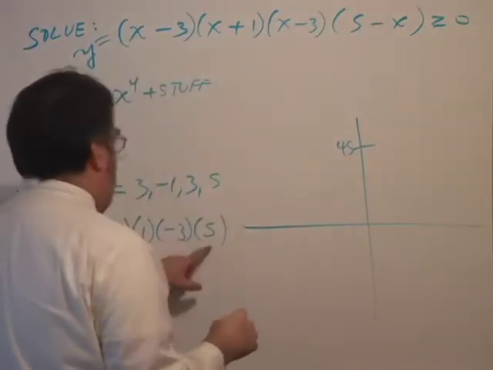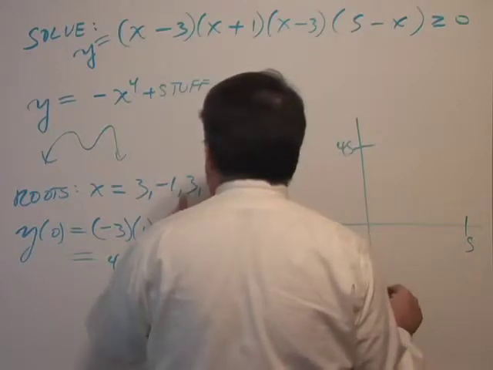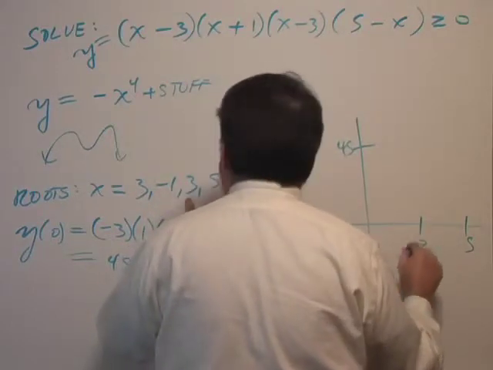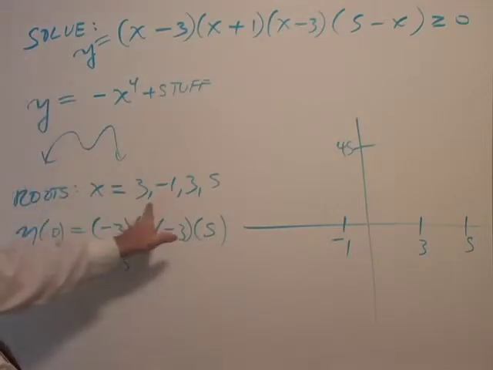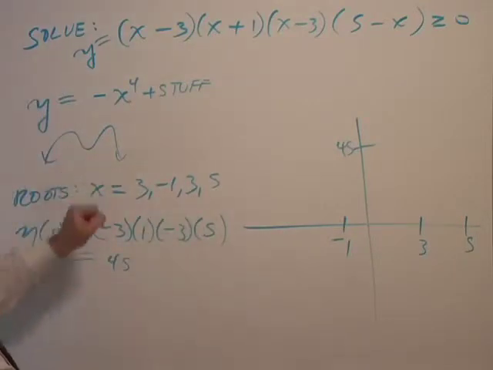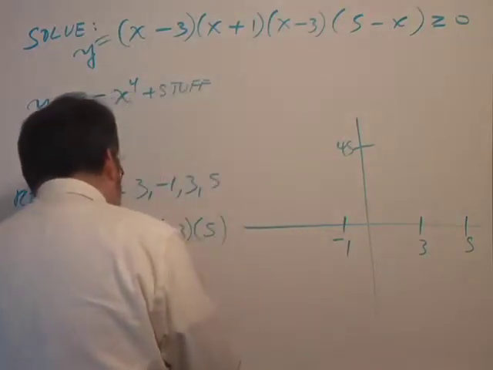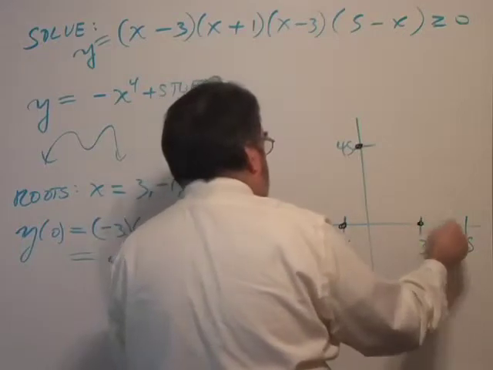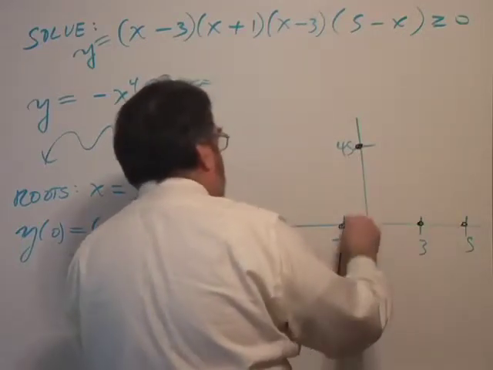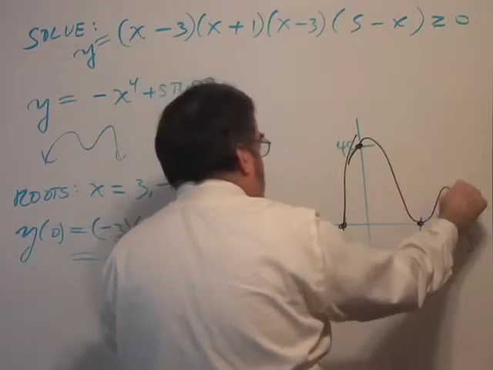Positive 5 is a root, and so is 3, and −1. This is my shape, and it's repeated at 3, so it's just going to touch. So my graph has to hit these four points. It comes up, comes down, just touches, comes up, and comes down.